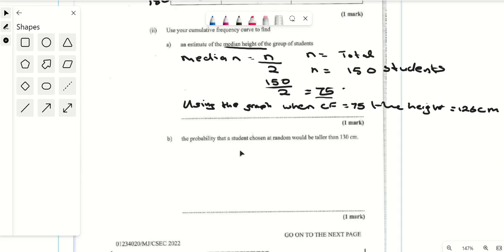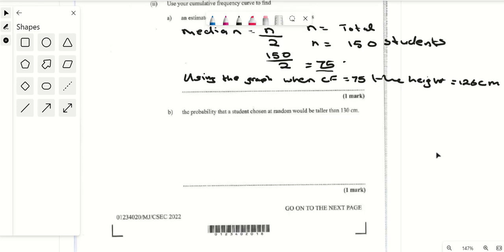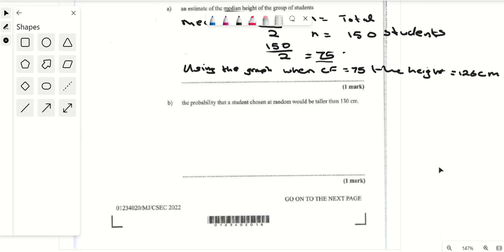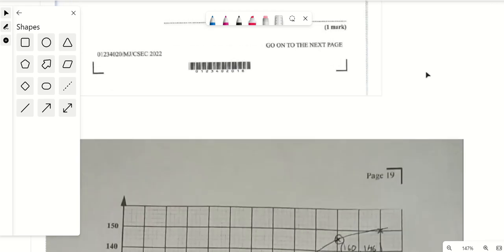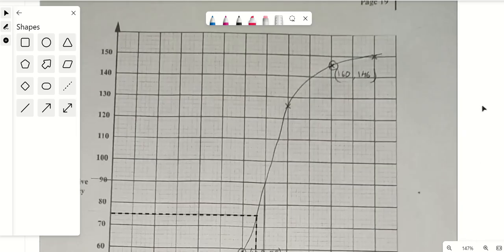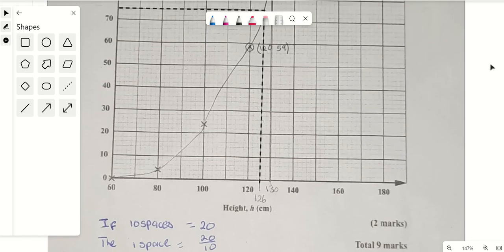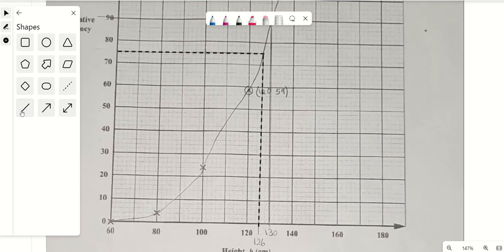Now let's look at B. The probability that a student chosen at random would be taller than 130. So the values we are looking at are taller than 130. Right? So we are going to use our graph. When x was equal to 130, so we're going to look for 130 there. So let me just draw a line.